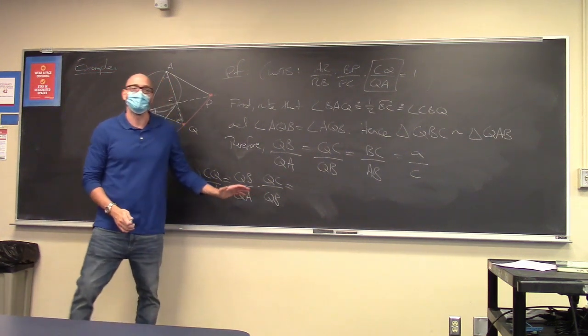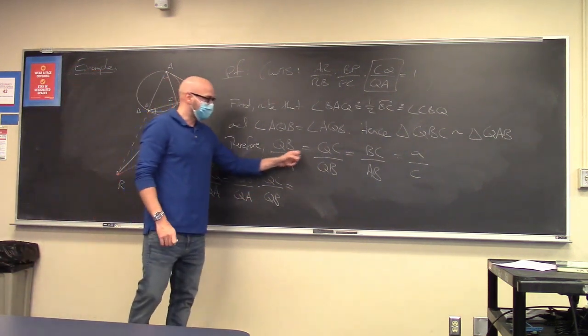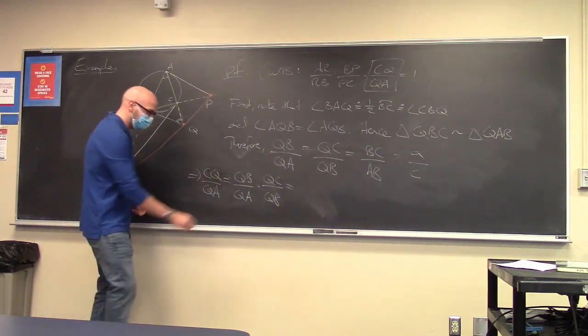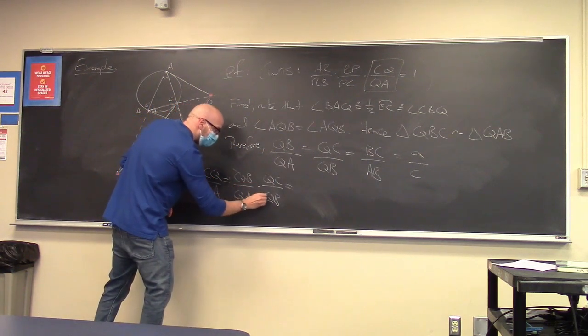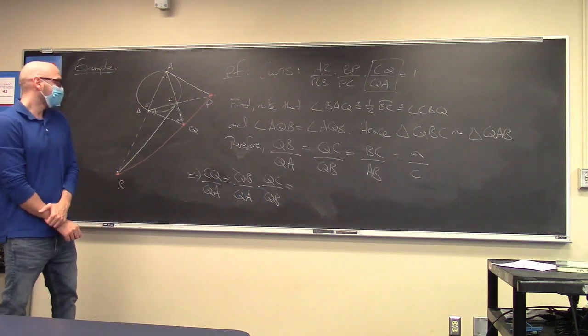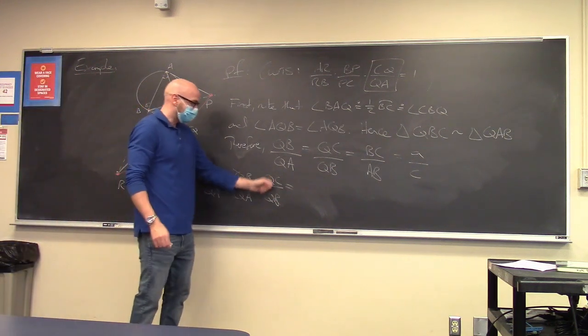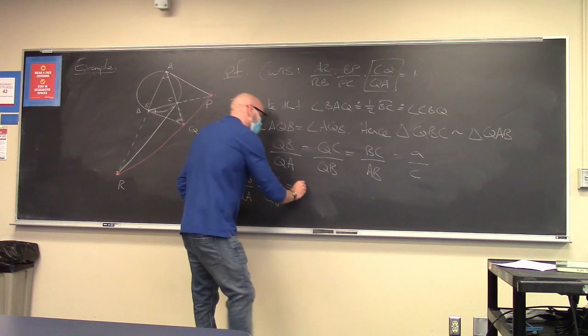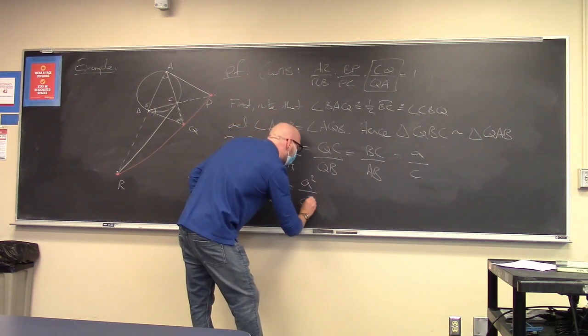Do you believe me? Is that okay? Take these two guys, multiply them together. I do get CQ over QA because these cancel. And what's that equal to? Well, they're both equal to a over c. So in products, this should be a squared over c squared.